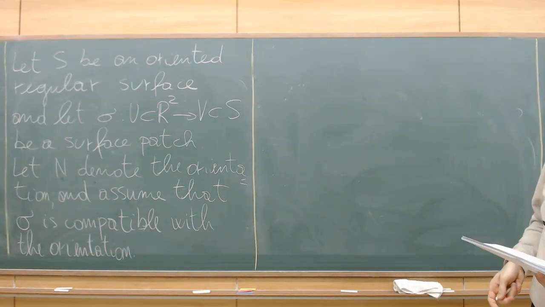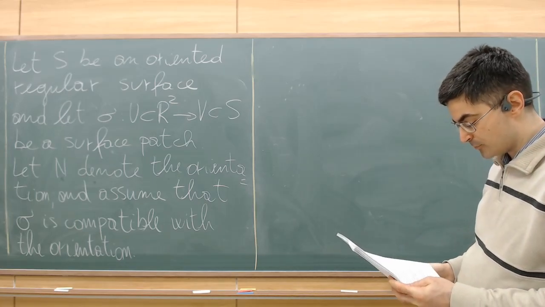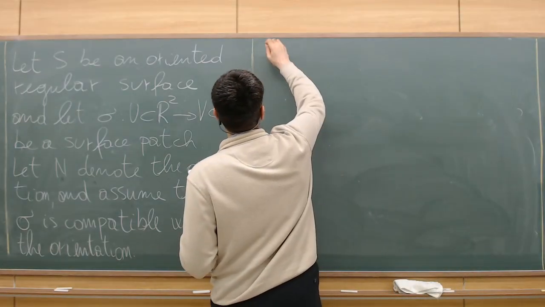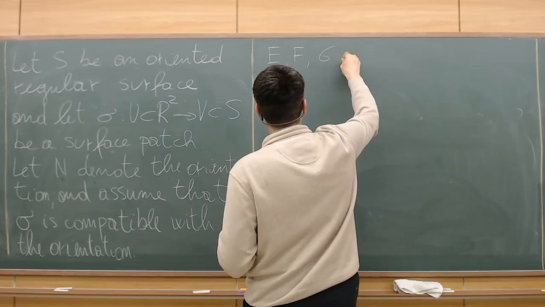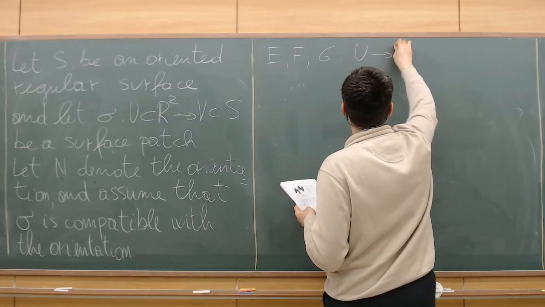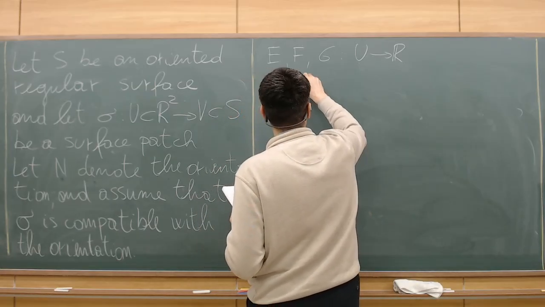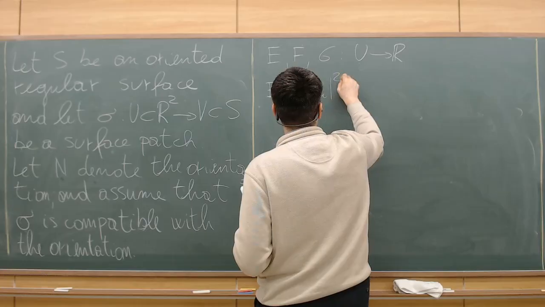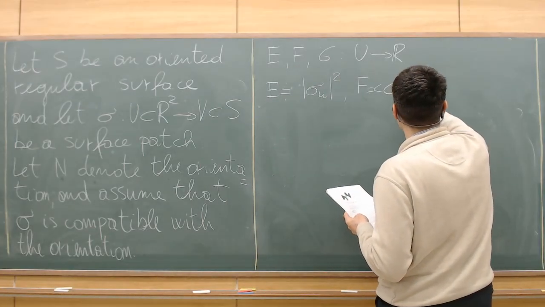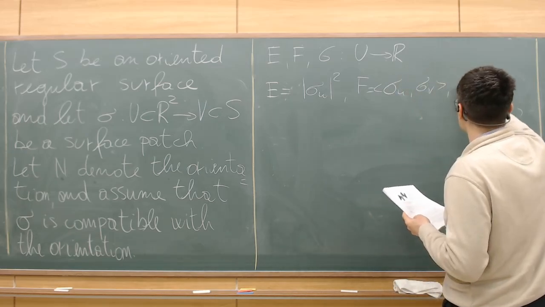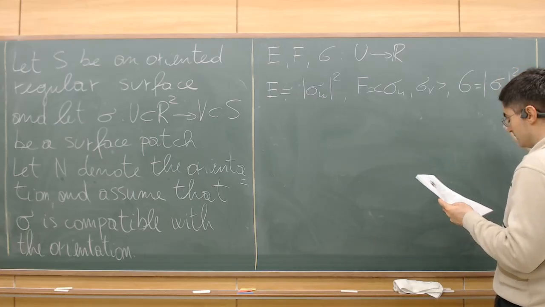Now let's recall what we did in the past for the first fundamental form. So we define the functions E, F, G as follows. E is the length of sigma u squared. F is the inner product of sigma u with sigma v. And G is the length of sigma v squared.